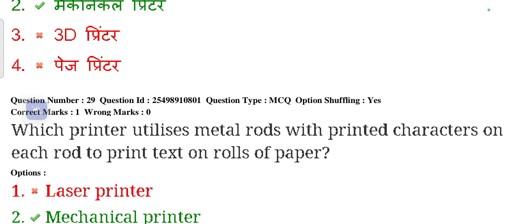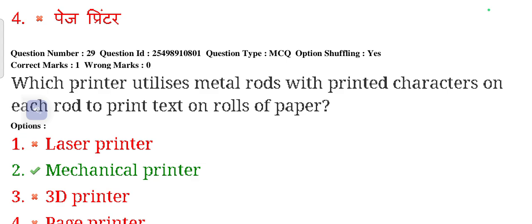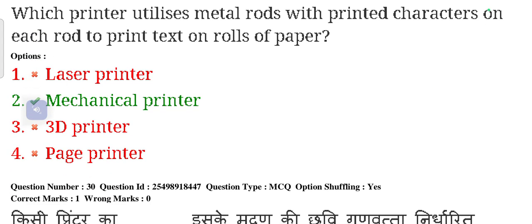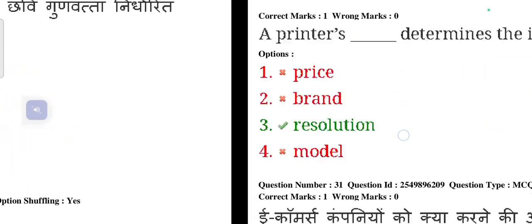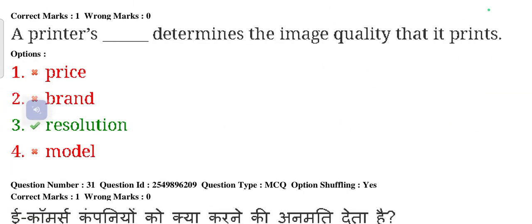Which printer utilizes metal rods with printed characters on each rod to print text on rolls of paper? Mechanical printer. A printer's dash determines the image quality that it prints. Resolution.